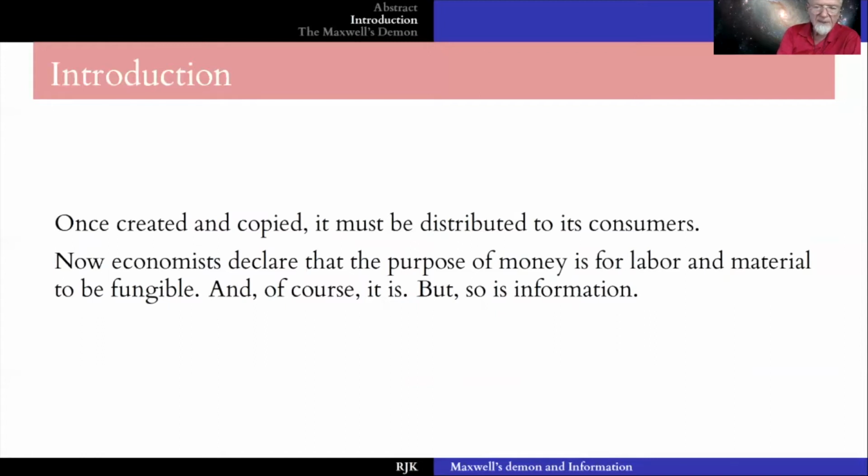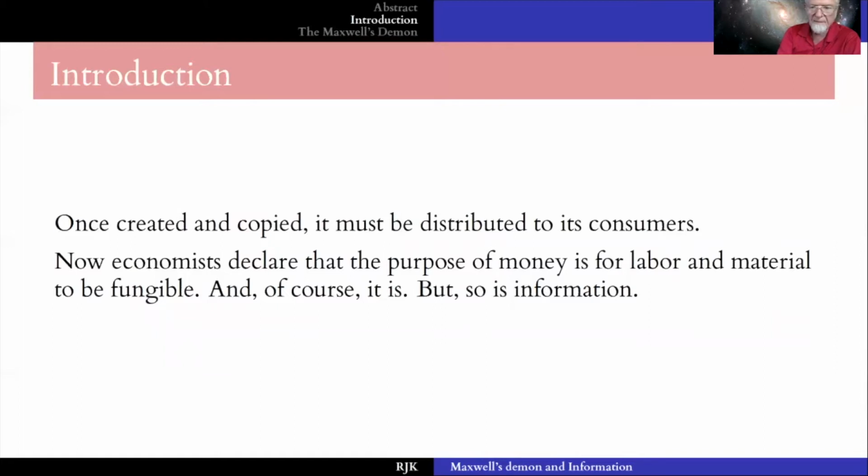Now, economists declare that the purpose of money is for labor and material to be fungible. What is fungible? Fungible means that they give you a manner of exchanging things. So you can exchange labor for physical objects.